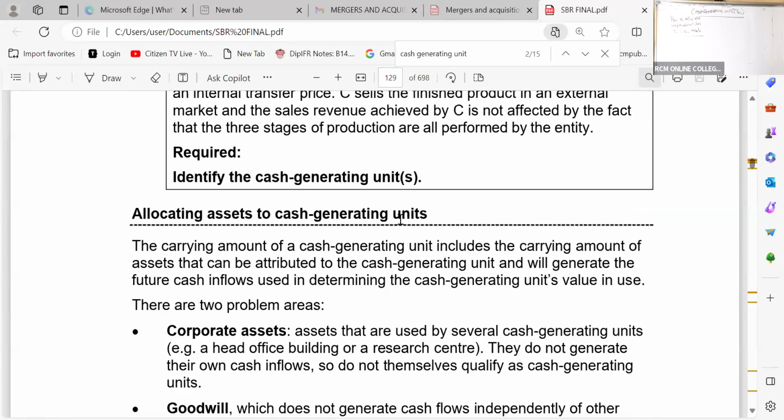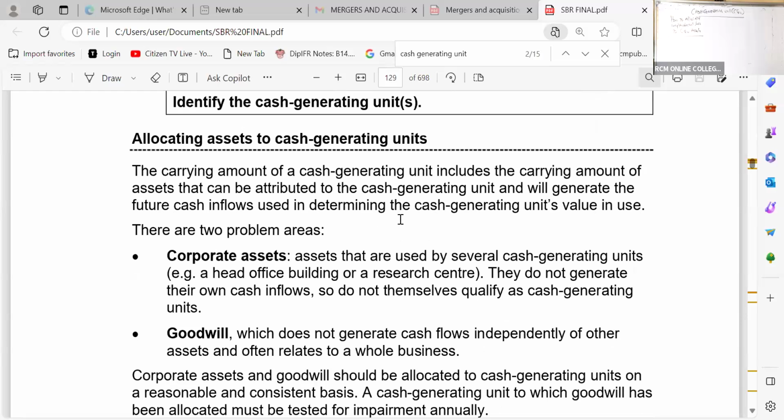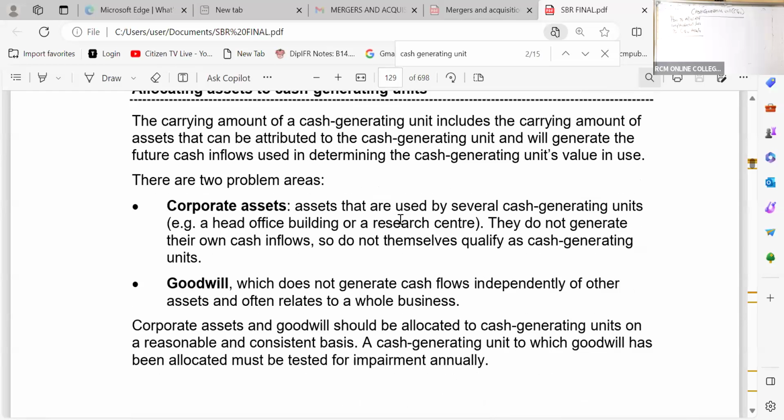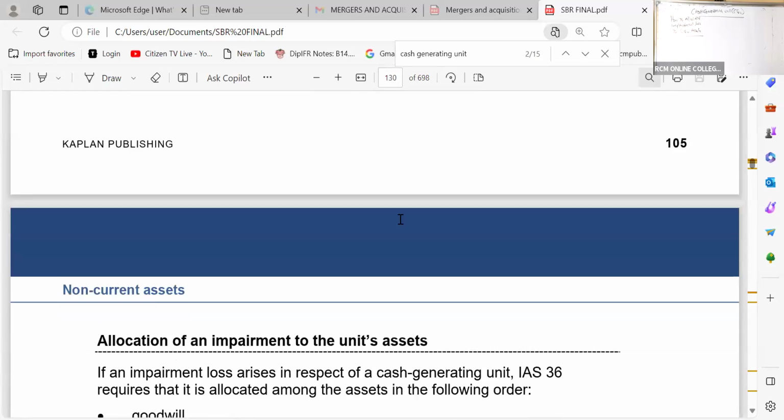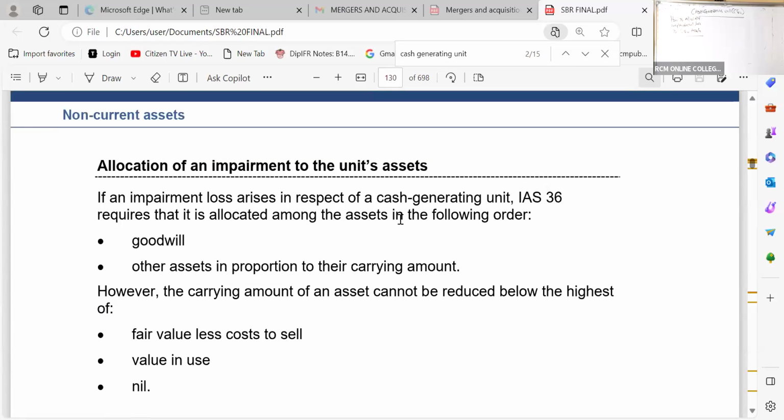So this is the example that I would want us, ladies and gentlemen, to look at. This example here: allocation of impairment loss to the CGU assets. If an impairment loss arises in respect of a cash generating unit, IAS 36 requires that it is allocated among the assets in the following order.